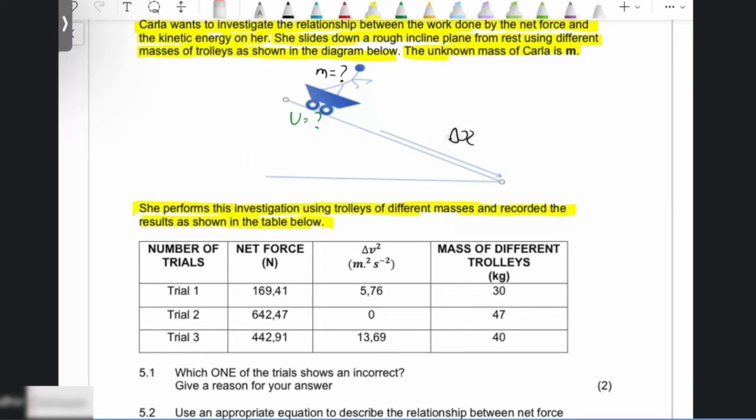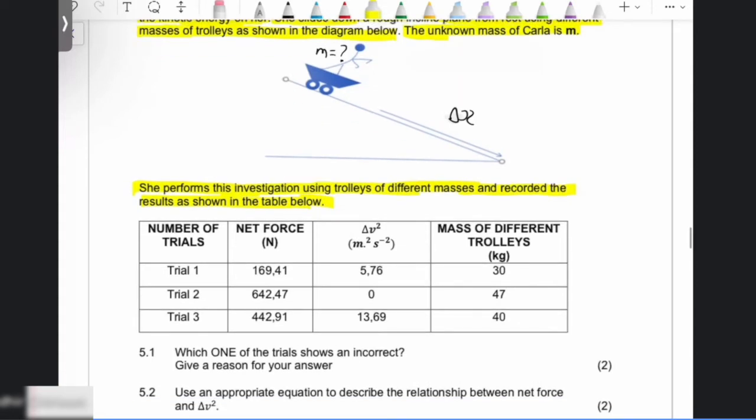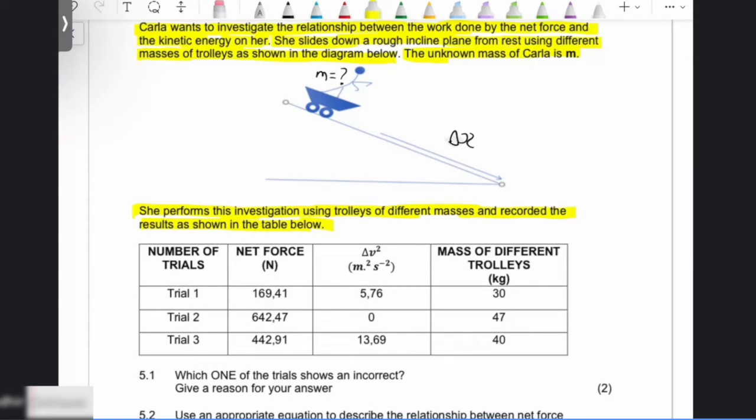Unless there's constant velocity. But guys, because we have a net force value, we should have some sort of acceleration going downwards.